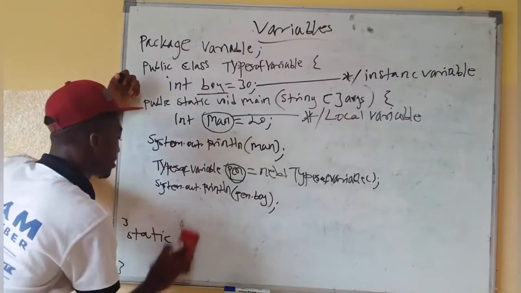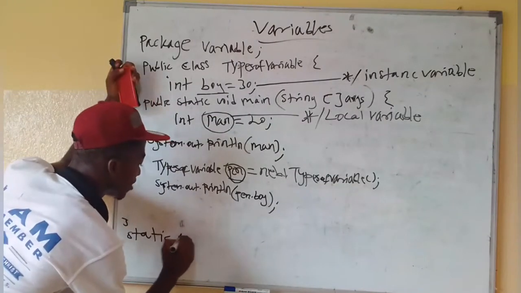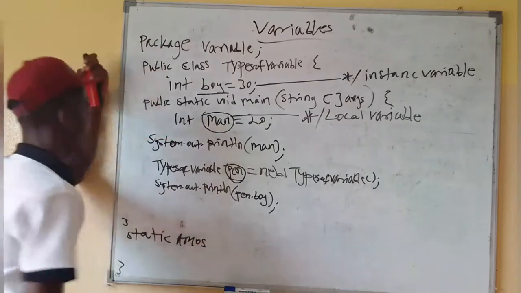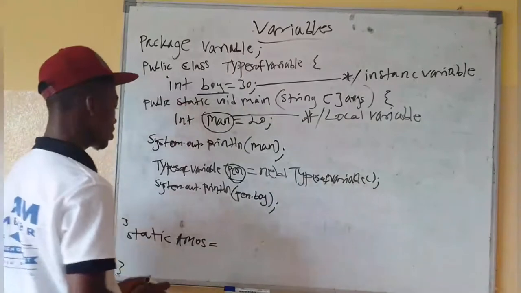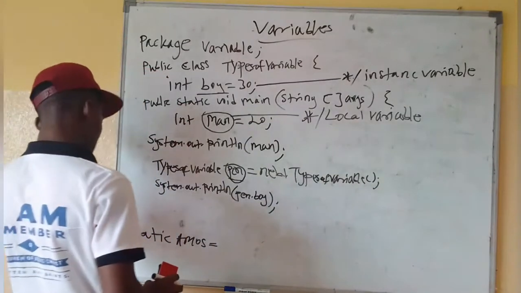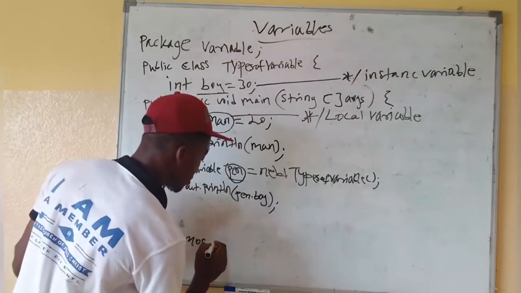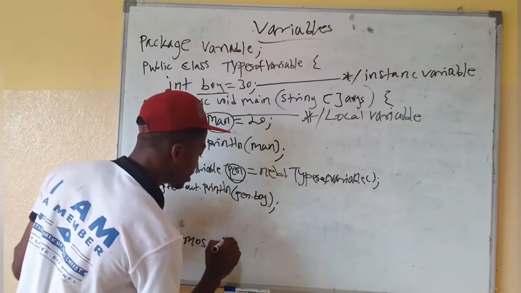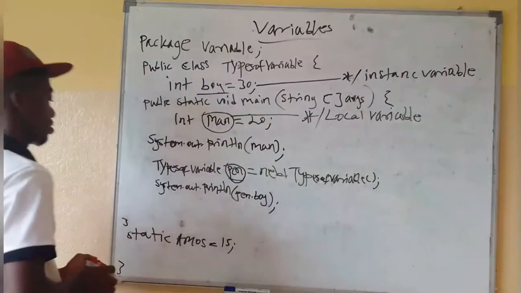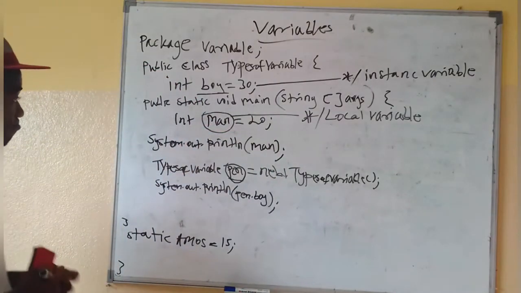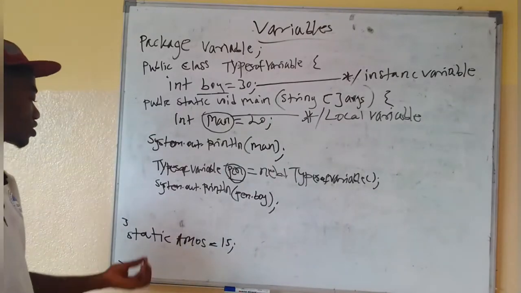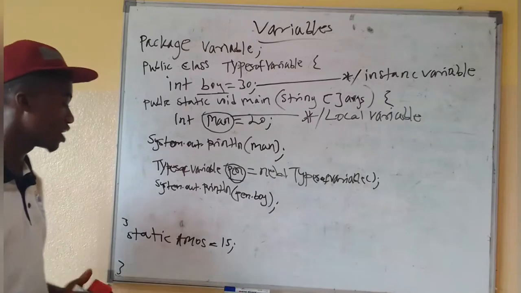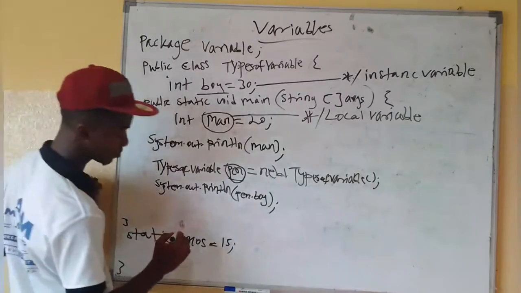Let's say static int Amos equals, let's say 15. This is what? A static variable because it has a static keyword. So Amos here is what?